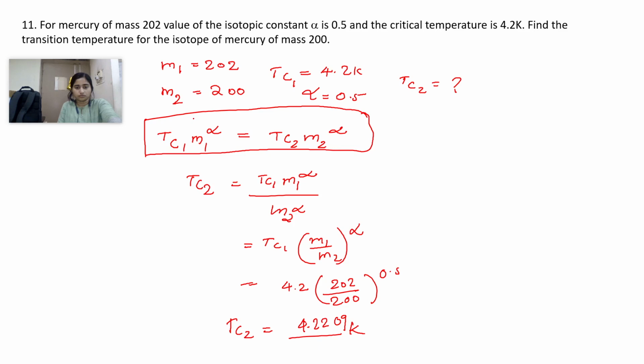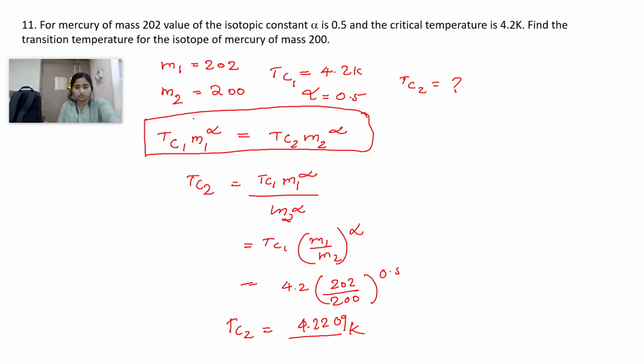The second kind was with penetration depth, and here we are using isotopic mass and how it is related to the critical temperature. These three kinds of problems will mainly be in the first week's class.